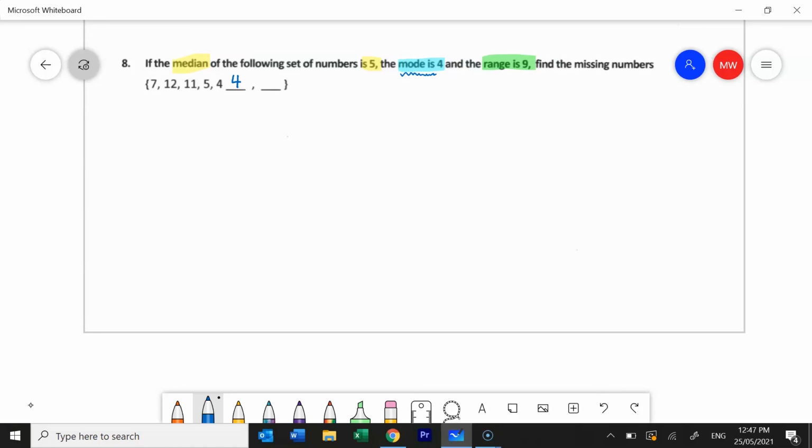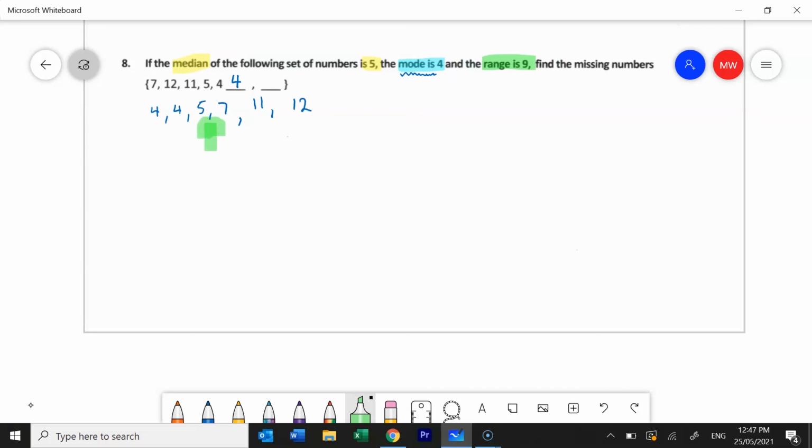If I arrange these scores as they are at the moment, they'd go something like this: 4, 4, 5, 7, 11, and 12.